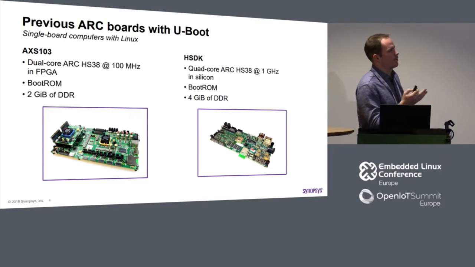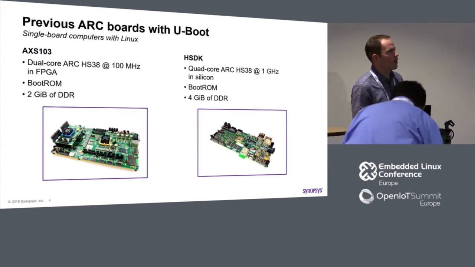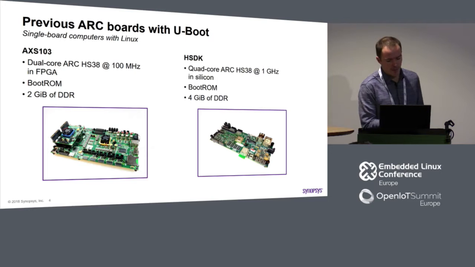Then I added support of that board with a little bit different CPU, which runs a little bit slower, but still I saw that it is more than enough for running the U-Boot bootloader. And then last year we got a board which is even more powerful. It is a quad-core HS38 CPU running at 1 gigahertz, and it has even more memory.